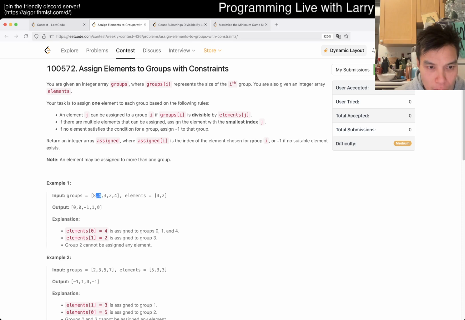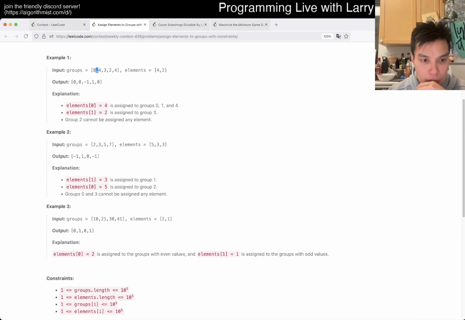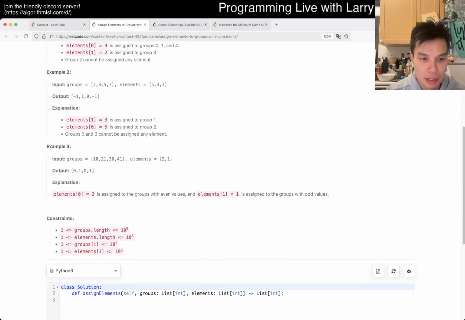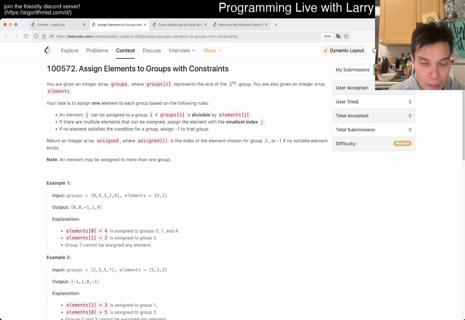Zero, 1, and 4. Okay. This is so confusing. Okay, so 4. So n times m is going to be too slow. I guess that's the catch, right?